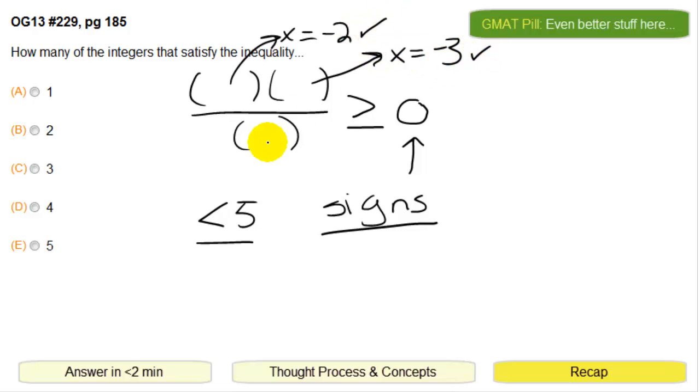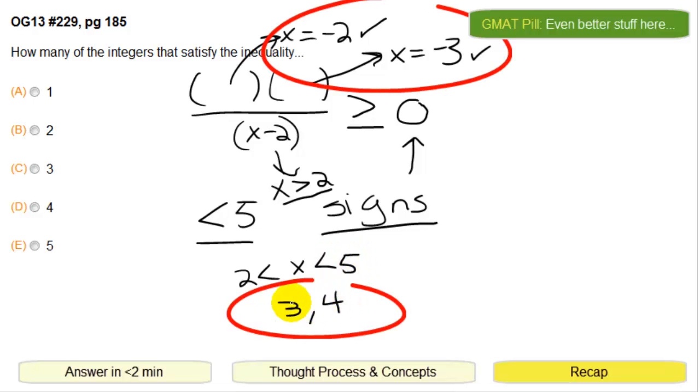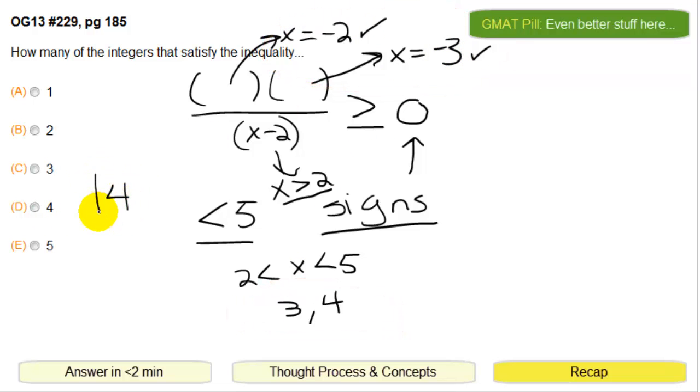And then the bottom part was basically x minus 2, so that helped us find that when x is greater than 2, that's okay. Combining this requirement with that requirement, when x is between 2 and 5, it turns out only two integers work, 3 and 4. So two integers from here plus these two integers gets you 4 as your final answer.